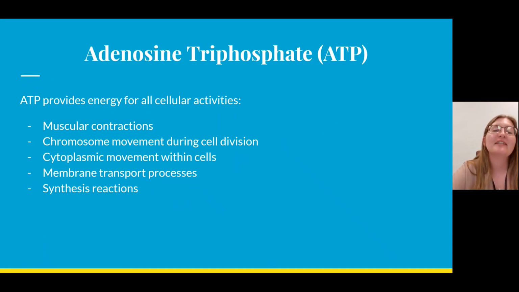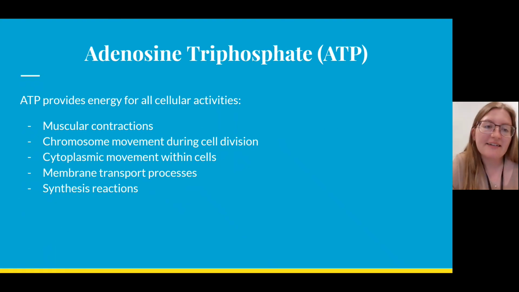And ATP provides energy for muscular contractions, chromosome movement during cell division, cytoplasmic movement within the cells, membrane transport processes, and synthesis reactions. So whenever we watch that video on the changes in the body after death and rigor mortis, where ATP is required for muscles to contract, this comes back into play here.